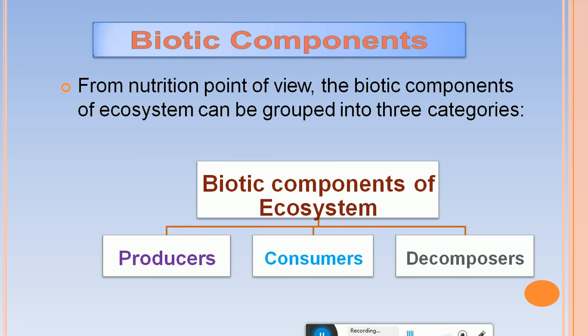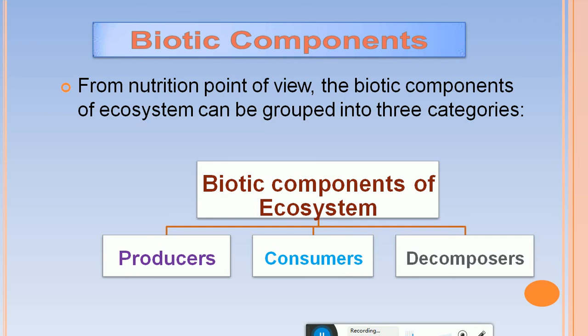Then we have consumers. It means they depend on other organisms for their food. For example, humans, we are the biggest consumers in the ecosystem. The most intelligent consumers, we depend so much on nature for our food and for almost every requirement.